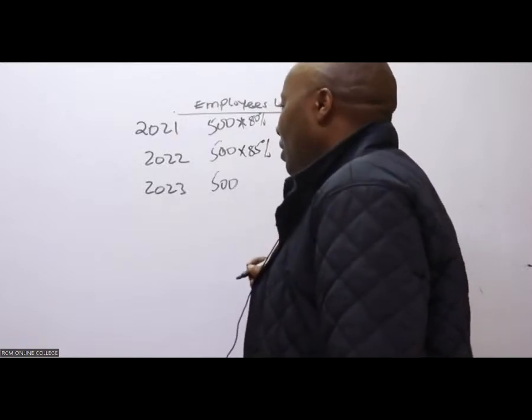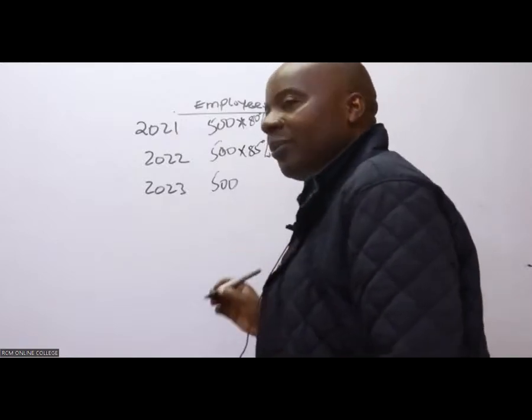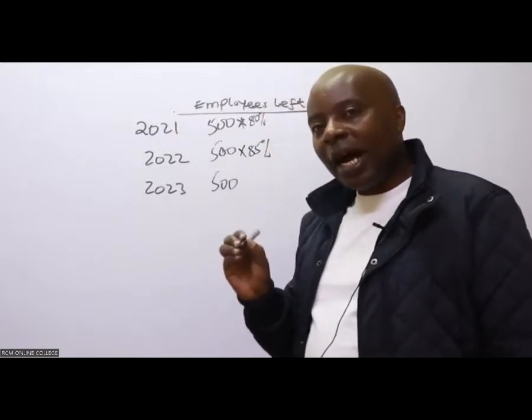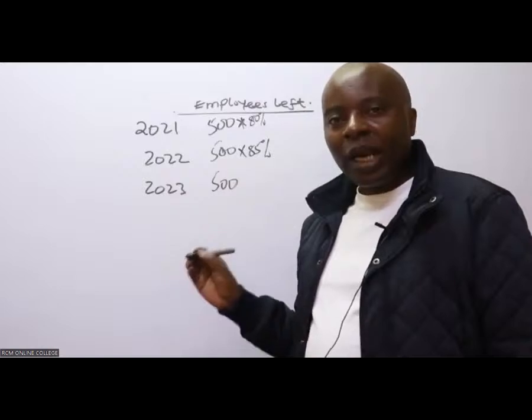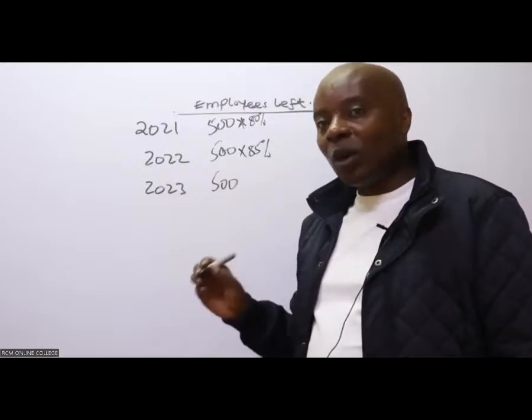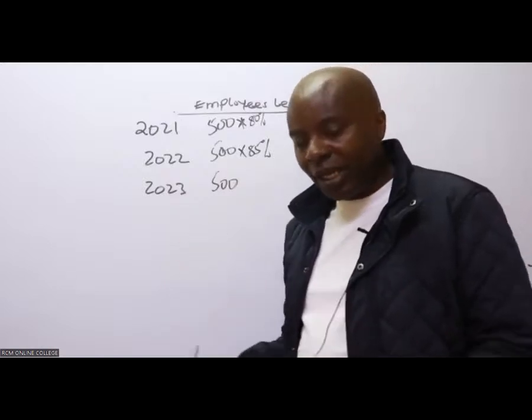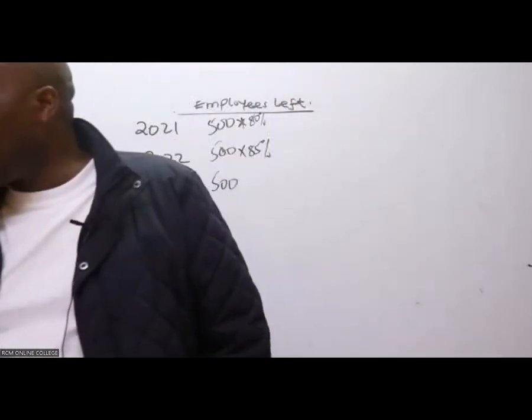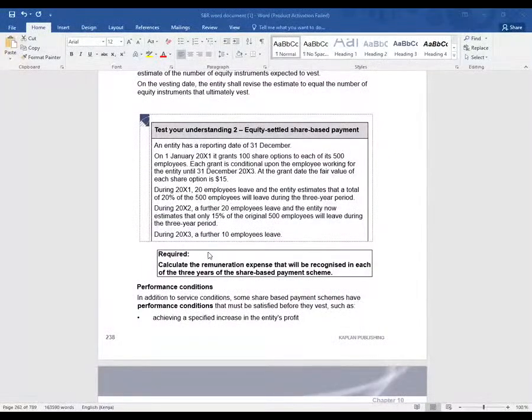Then we go to the last year. The last year is so special because the last year is where I adjust the actuals. In the last year we work with actuals, we don't work with estimates, because now we have the figures. Now, please listen here. What have they told us? During 2023, a further 10 employees leave.